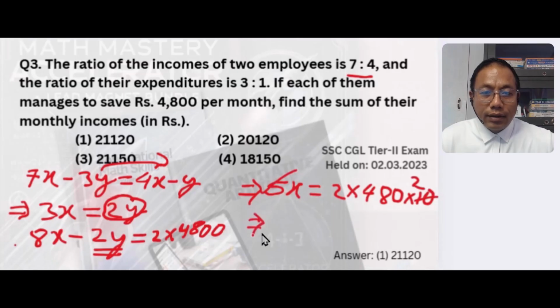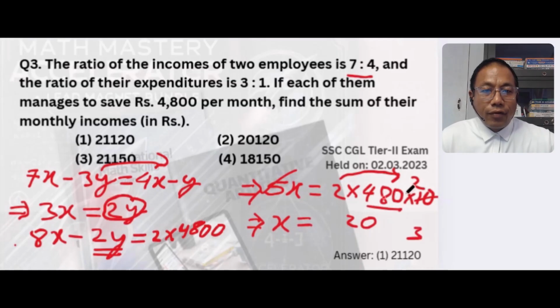Here x is 2 into 48, 2 into 480. Multiply 4 with this number. 4 times 8 is 32, 2, 3 in hand. 4 times 4 is 16, 19. 16 plus 3 is 19.